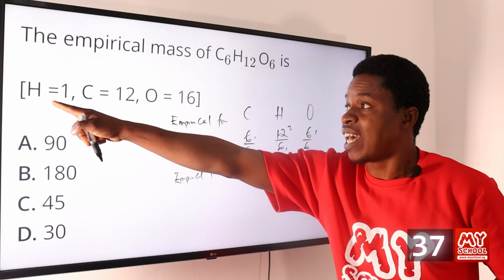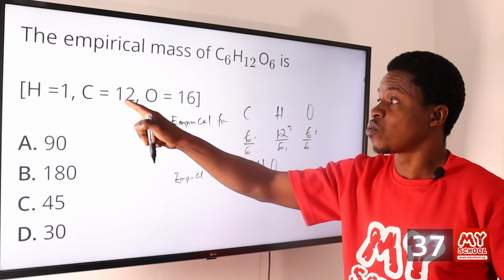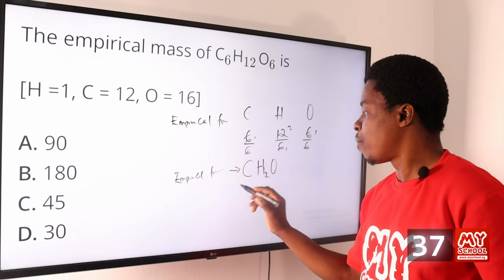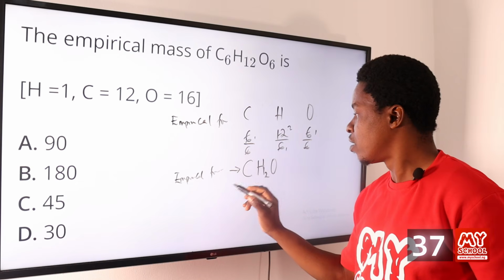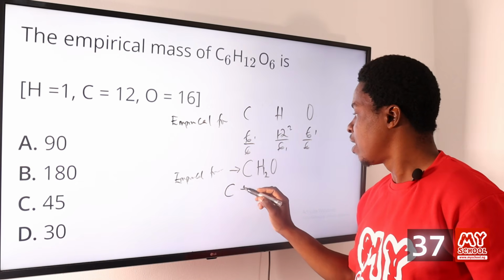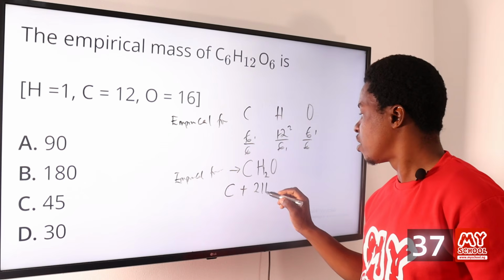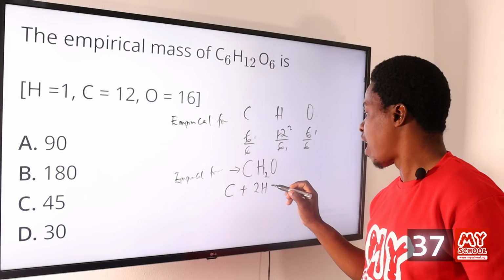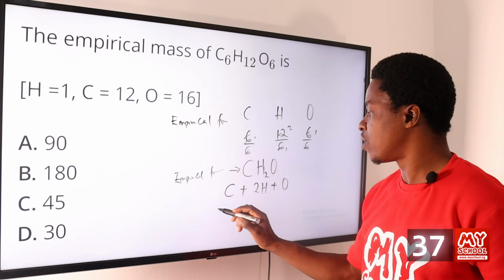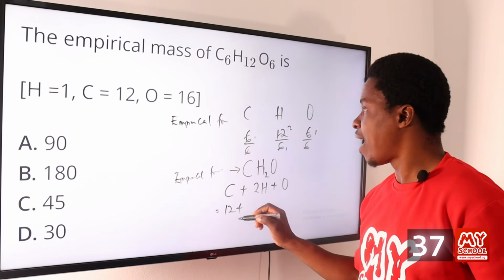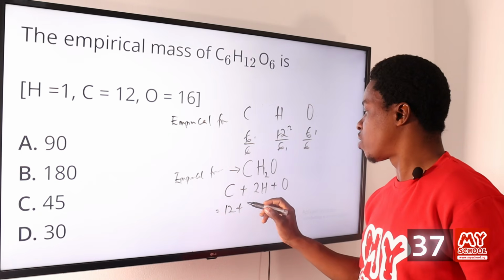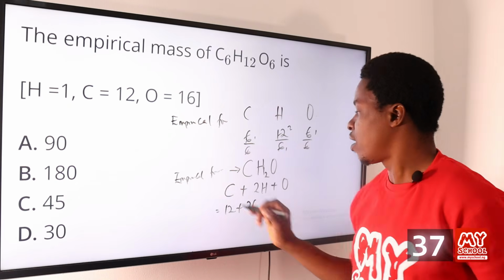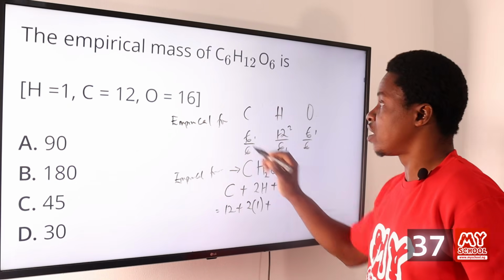Now we can calculate the empirical mass from the empirical formula. Remember, we are given that hydrogen is 1, carbon is 12, oxygen is 16. So this is like saying C plus 2H, because that's H2, plus oxygen, just one of that. So carbon is 12, plus 2 times hydrogen is 1, 2 times 1, plus oxygen is 16.